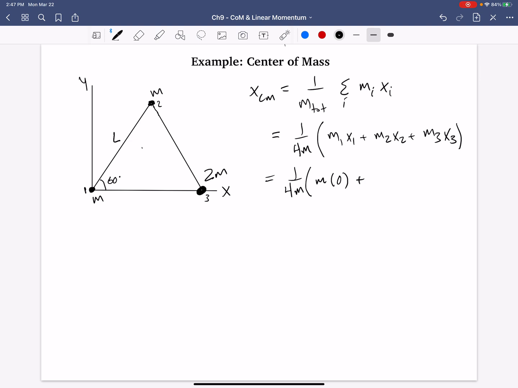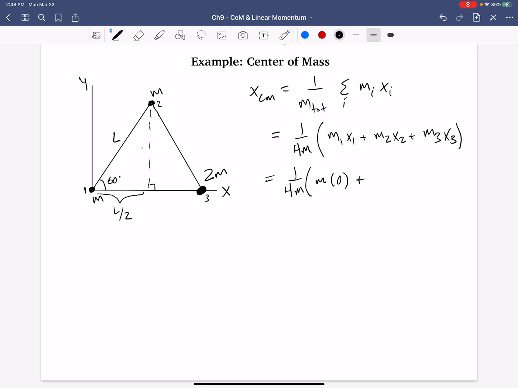Particle 2 up here has an x coordinate of whatever this is. This is an equilateral triangle of side length L, so that means that this bottom length here is L. That means that this side length is L over 2, and that is a right angle to the bottom.